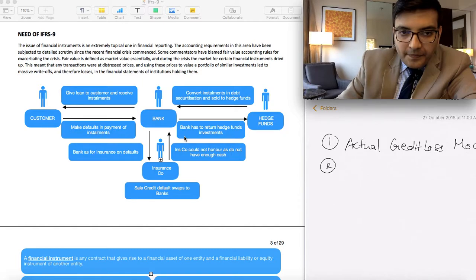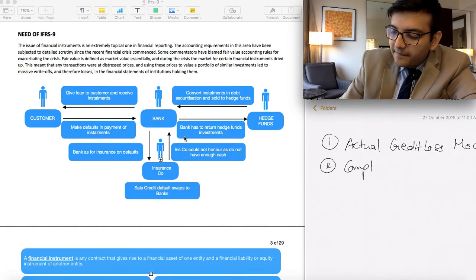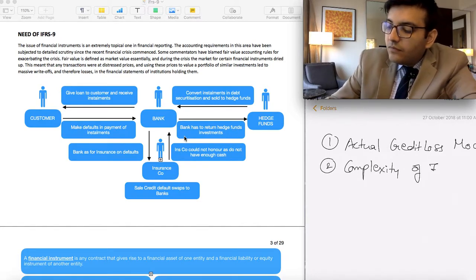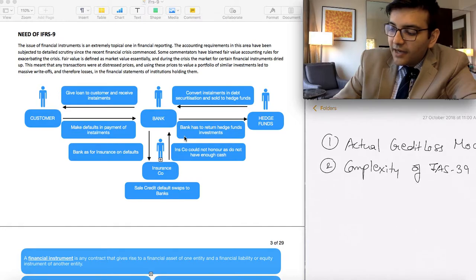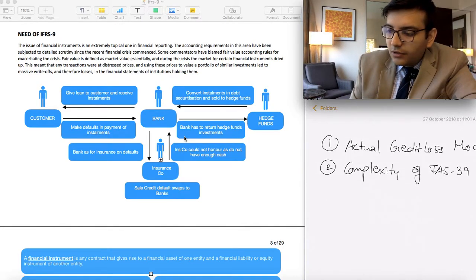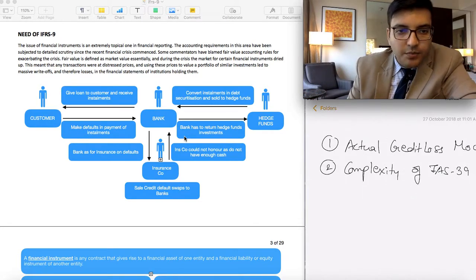And number two is the complexity of IAS 39. So these were the two reasons because of which IFRS 9 was brought into picture.